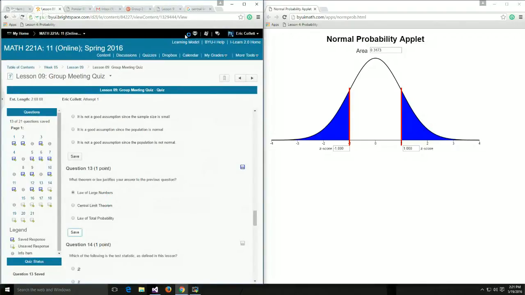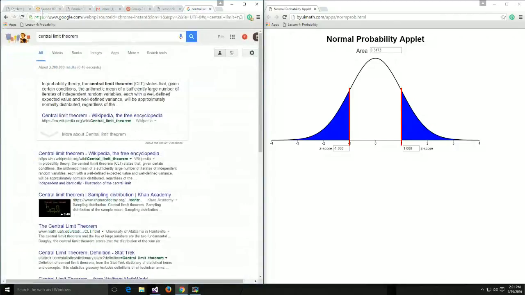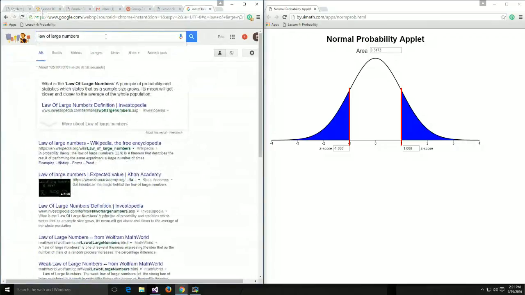Oh, what does the law of large numbers say? Hold on. I think it guarantees us that the mean will get closer and closer to the population mean, something like that.